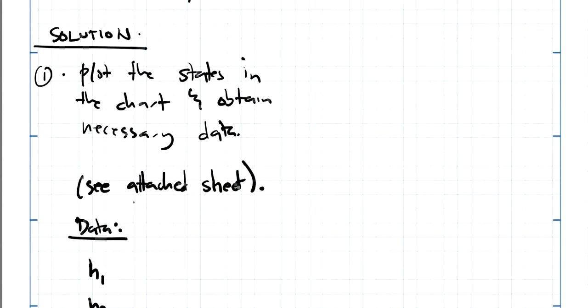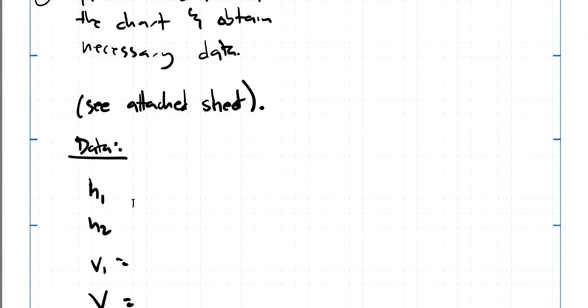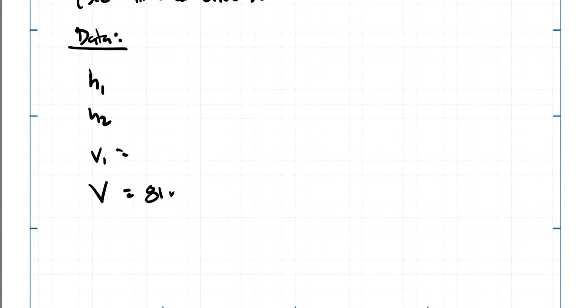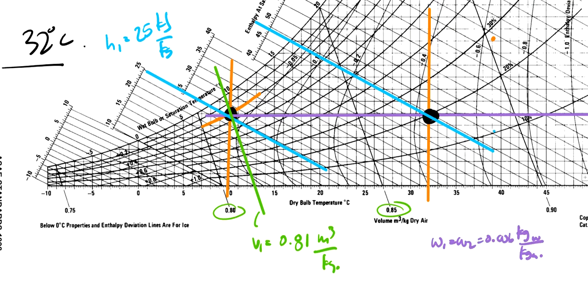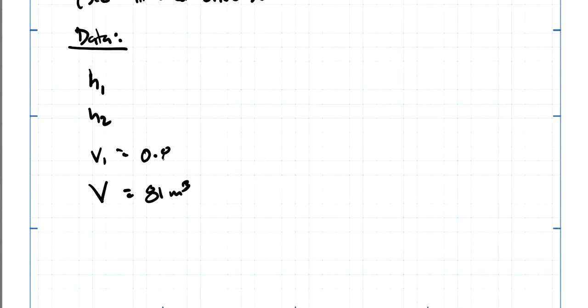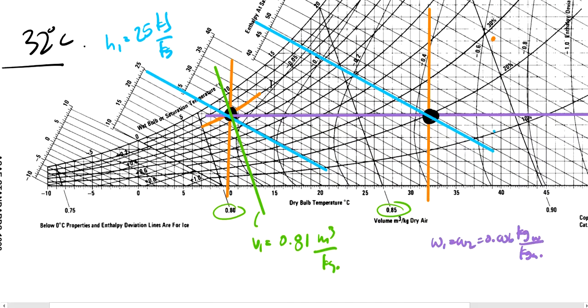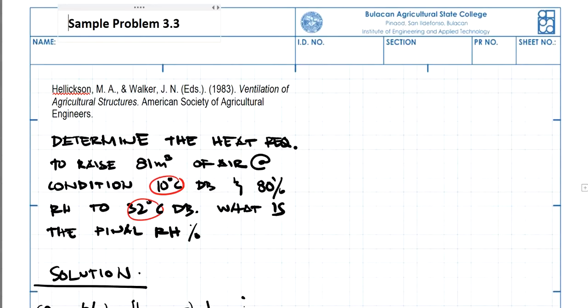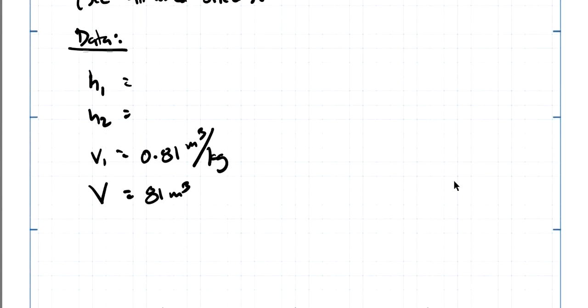So this is 81 cubic meter. For the specific volume, 0.81 cubic meter per kilogram of dry air. And for H1 and H2, 25 and 47 kilojoules per kilogram dry air.